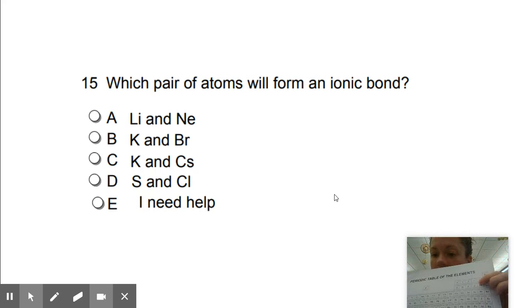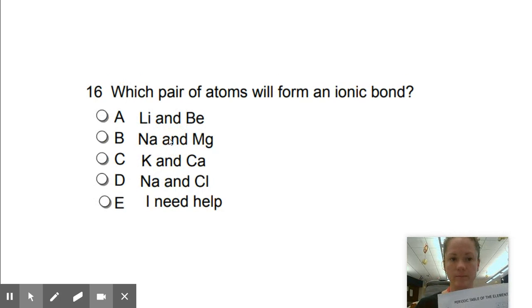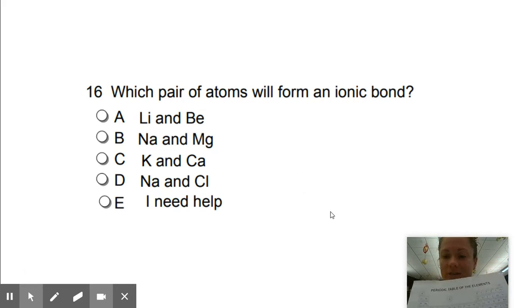They are both nonmetals. S would have 6 plus Cl would have 7, so that would not work because that would be 13, too many, not 8. So the only one that would work for this would be B. I'm going to let you guys try to figure this out, and in a few seconds, I will tell you the answer.